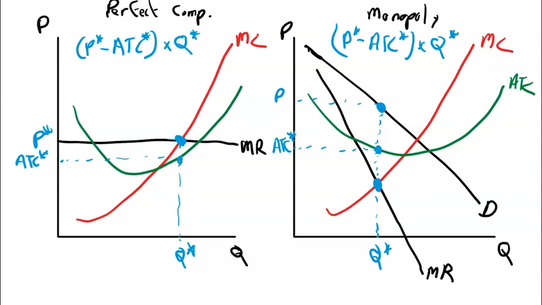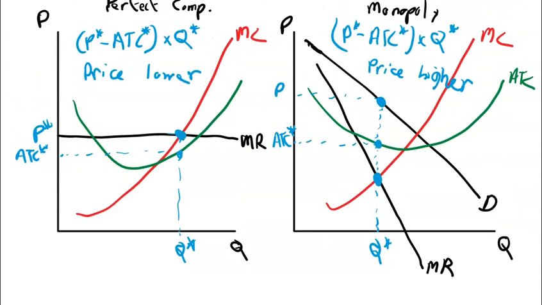Now, a couple of things that we can see between a monopoly and perfect competition. One is price will be lower for a perfect competition. Price will be higher for a monopoly. Now, this is kind of intuitive. There are so many firms, they're each trying to outcompete the other. And so that's why the market price is lower for perfect competition. In a monopoly, there's just one firm, and that firm wants to maximize profit, so they can charge a much higher price.